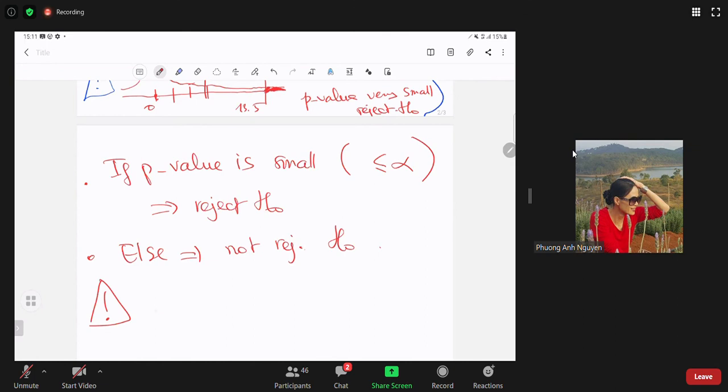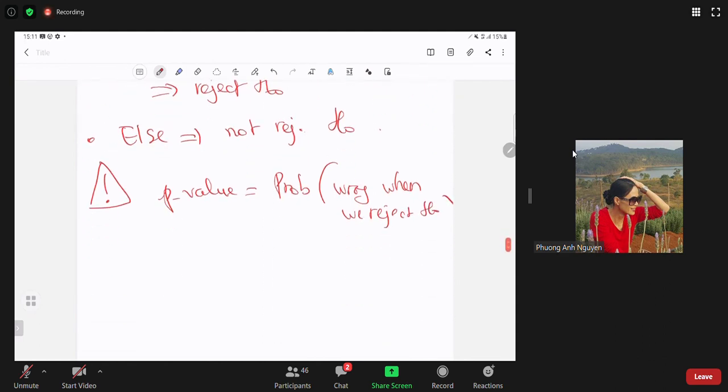The p-value can also be seen as the probability of being wrong when we reject H0. There are several ways to define the p-value, but this one is easy to remember.